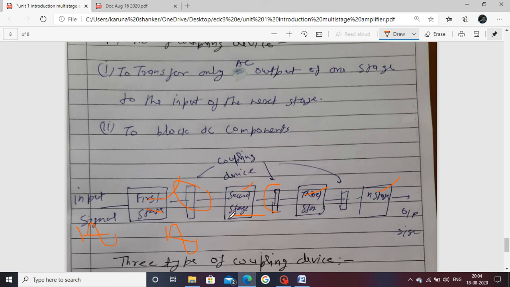Again this moves to the second stage, and the second stage amplifier also amplifies this signal. This is now the input to this stage, so more amplitude increases. In this way, the overall gain of the input waveform increases.